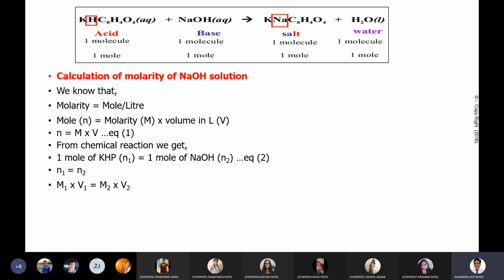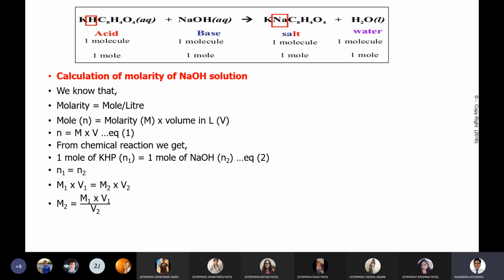M2 is the molarity of NaOH, and V2 is the volume of NaOH, which we get from the burette reading. It is the volume of NaOH used for reaching the end point.